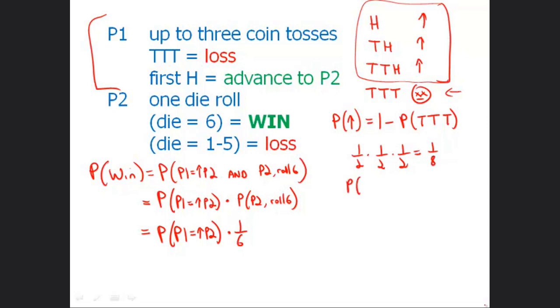And so the probability of advancing would be 1 minus 1/8, which is 7/8. That is the probability that in phase 1 we wind up advancing to phase 2. So that's our first factor here. So we get 7/8 times 1/6, and this turns out to be 7/48. And this is actually the probability of winning the game.